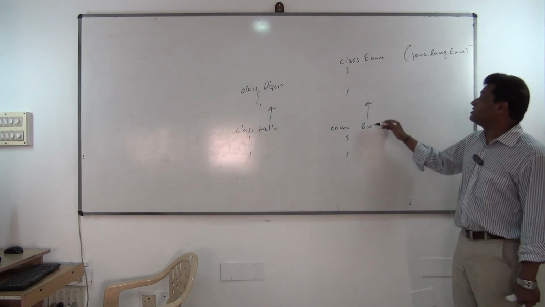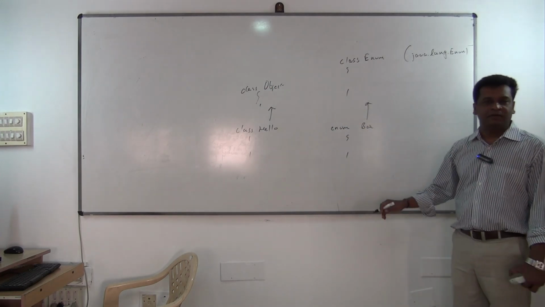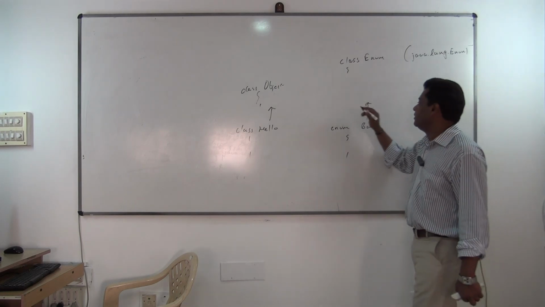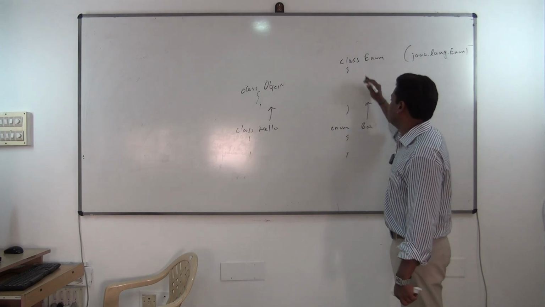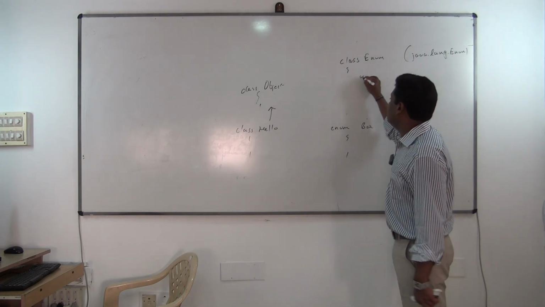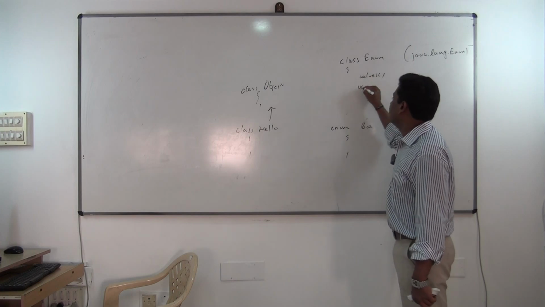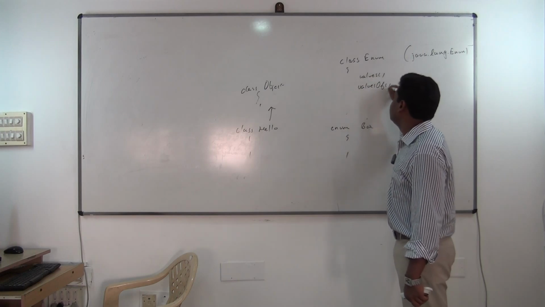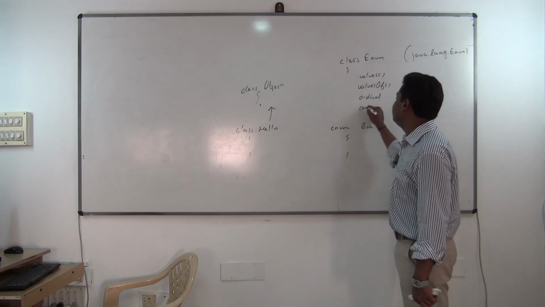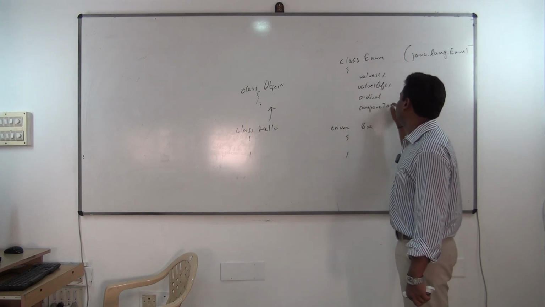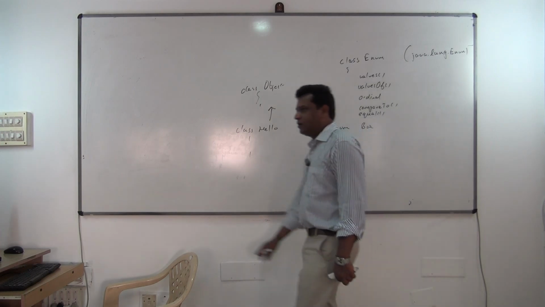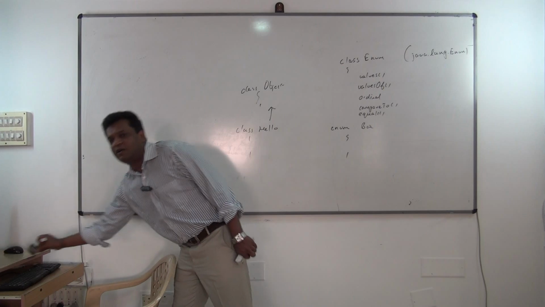Understood? So here what is happening? Every enum is by default extending what? The class called Enum. And in this class there are some methods which you should know. Few methods: one is called values, another is valueOf, then you've got ordinal, then compareTo, then equals, and like this you've got all the methods here.